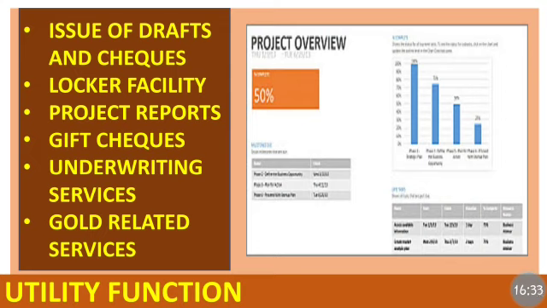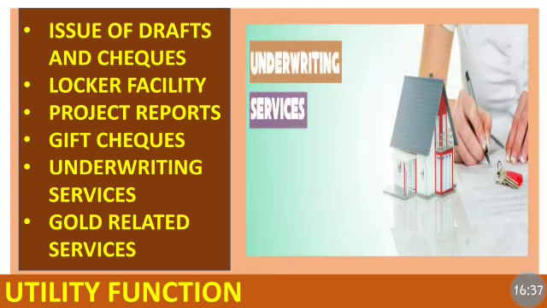Gifts and checks are also given by the bank to its account holders. Underwriting services are also done. Here the bank agrees to take up the unsubscribed portion of the securities.